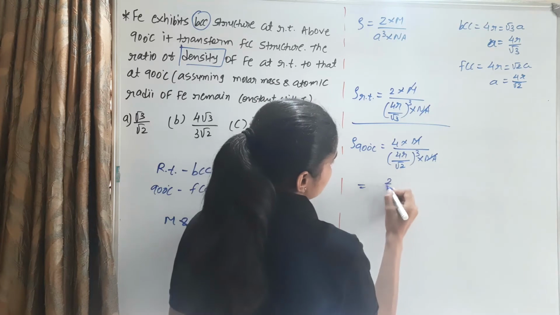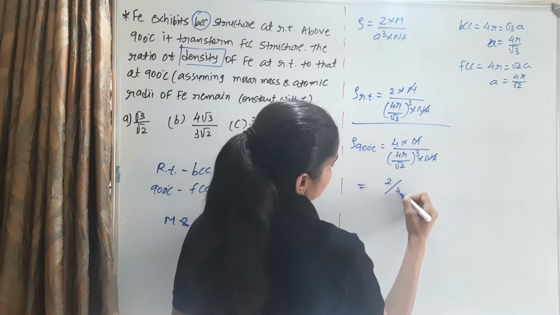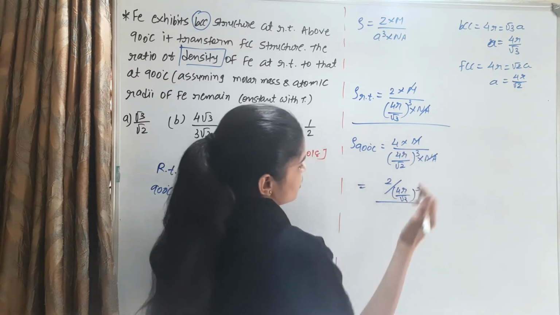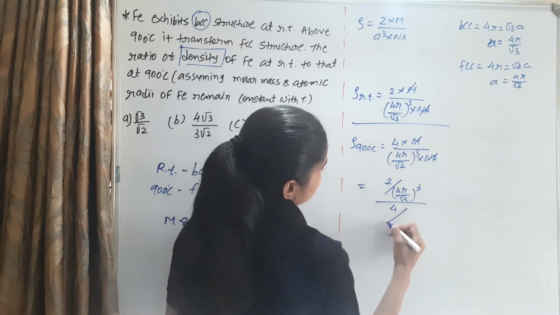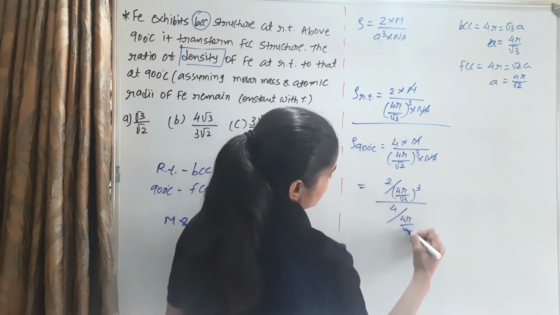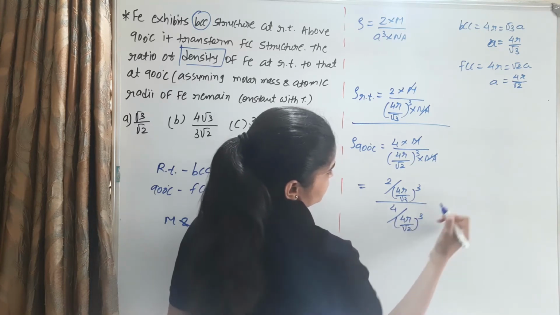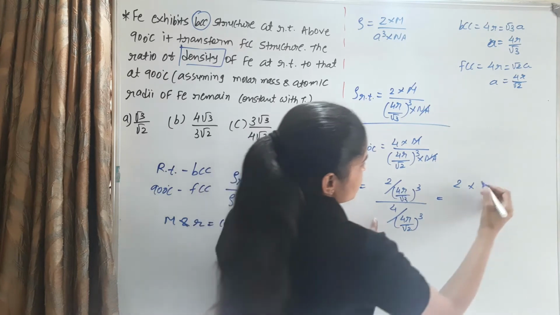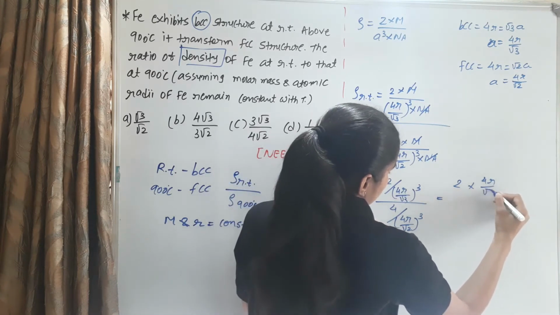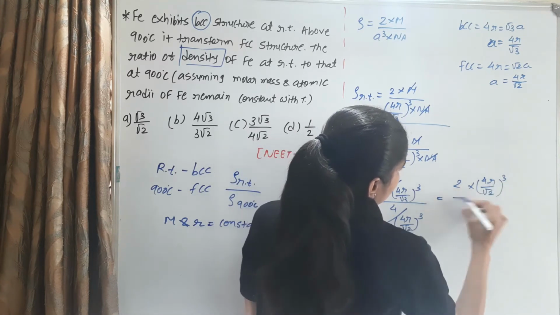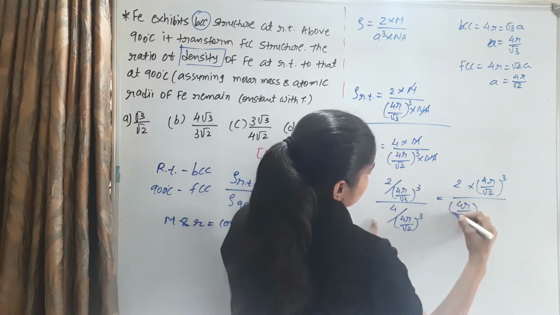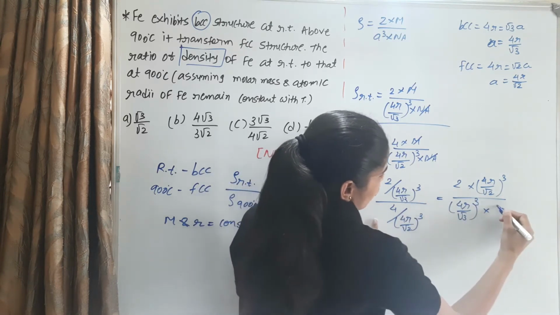So this is 2 divided by (4r upon root 3) cube, divided by 4 divided by (4r upon root 2) cube. We write this as 2 multiplied by (4r by root 2) cube divided by (4r by root 3) cube and this 4.